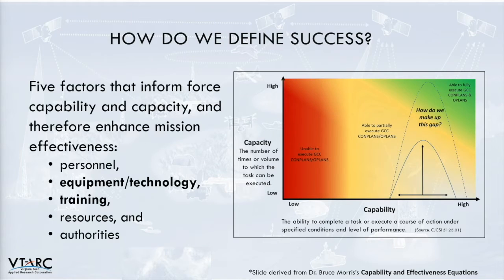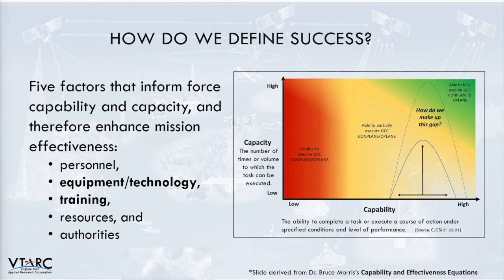So Dr. Bruce Morris, he's at NSW, Naval Special Warfare, created this equation, the capability and effectiveness equation, and he identified these 5 aspects that are likely to impact our ability to either increase capacity or capability. And the reality is personnel is probably not going to change very much.